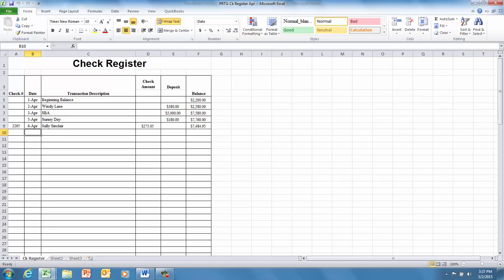And so the final number of this check register should be the same as the final running total balance of your cash account in your general ledger. And this check register is what you're going to use to compare to the bank statement to do your bank reconciliation form at the end of the month.